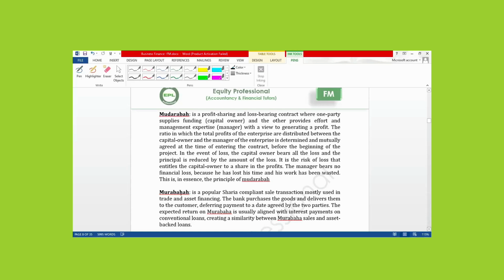The bank buys goods and delivers to the customer, deferring payment to a date agreed. So you will now be paying the bank at a later date with expected return.